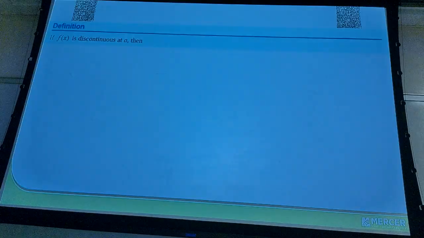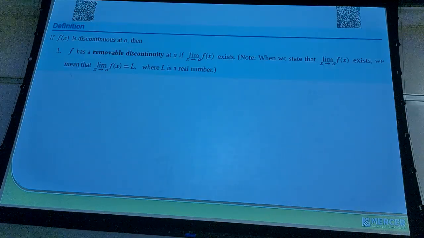We discussed the types of discontinuities as well, right? We're also going to now define them formally. Removable, if the limit exists but is not equal to f of a.